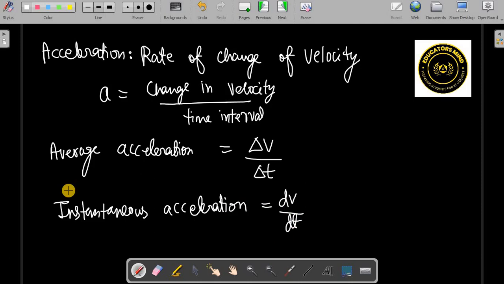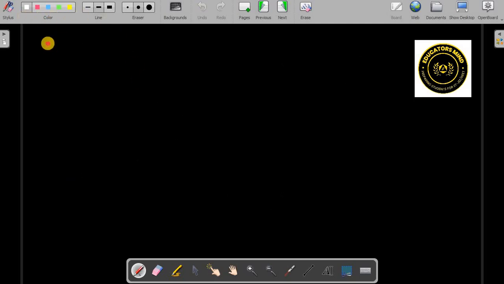Now let us note some important points regarding these things. First thing is that, of course, jerk is there. Jerk also you cover, but generally jerk is not being used. Okay, but jerk is also a physical quantity. It's also a vector quantity. It is rate of change of acceleration.